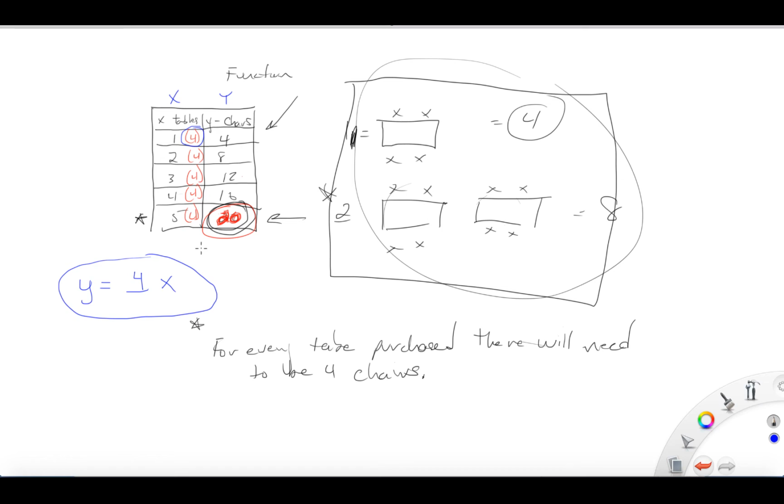Okay, there's several ways to share that as well. But if y represents chairs and x represents tables, how do we do this? Turn the page. I want to show you something. Okay. Again, you're going to see down the bottom there of C, it says y equals x times 4.